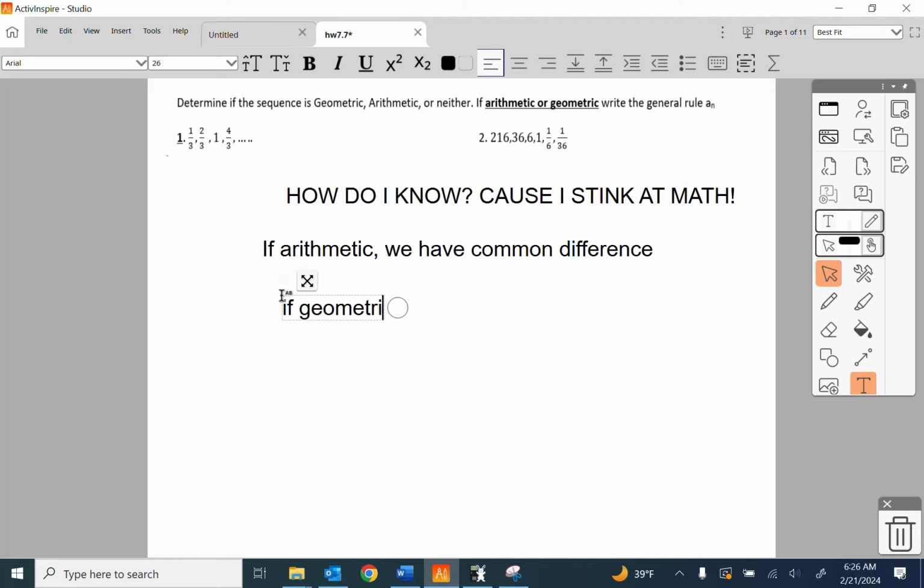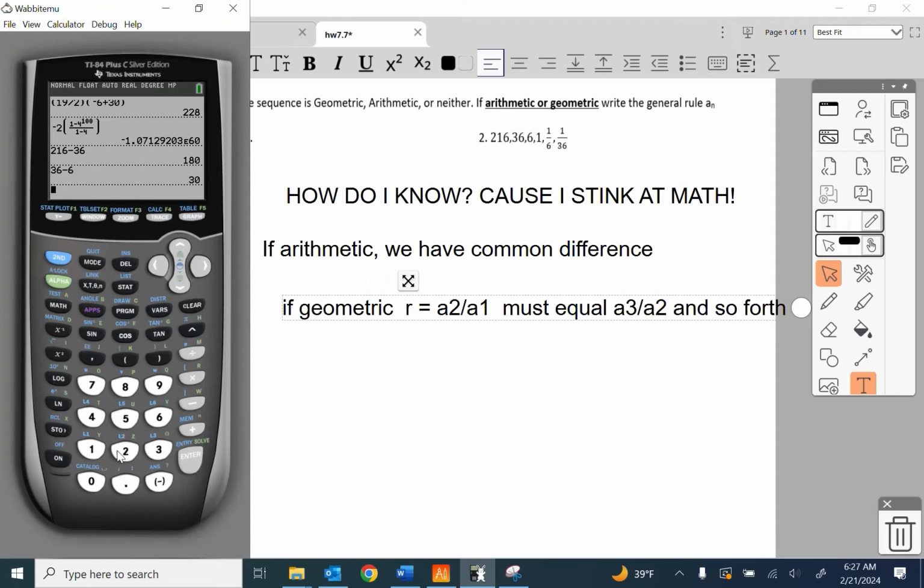If geometric, your ratio is going to be the second term divided by the first term, and it must equal the third term divided by the second term, and so forth. That's how it is. So again, pretend I'm bad at math. If I take 36 and I divide it by 216, I convert it back to a fraction.